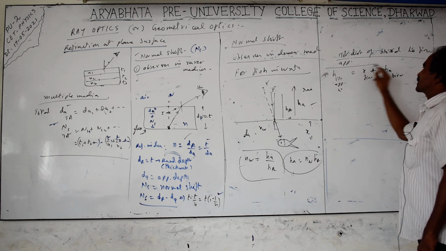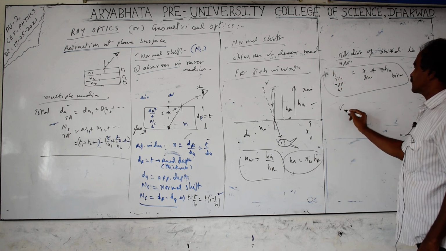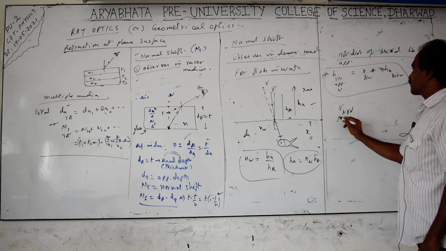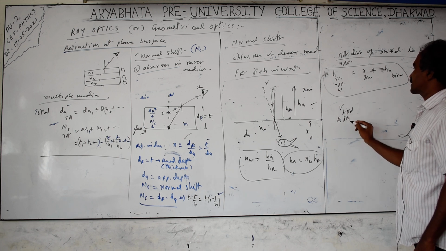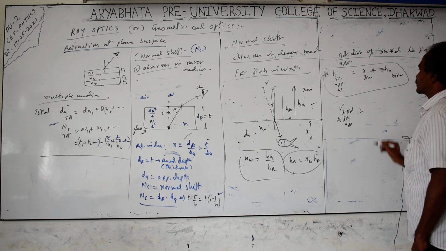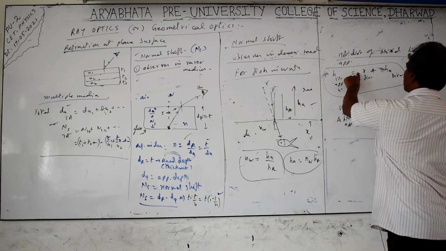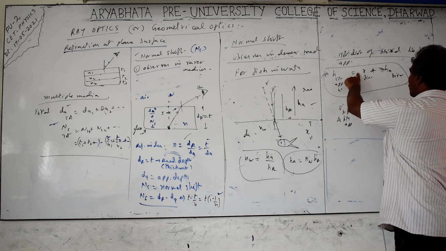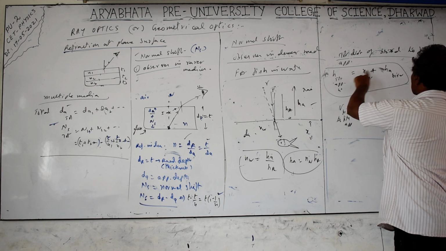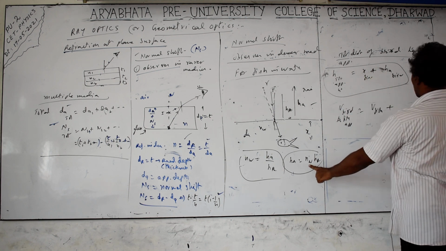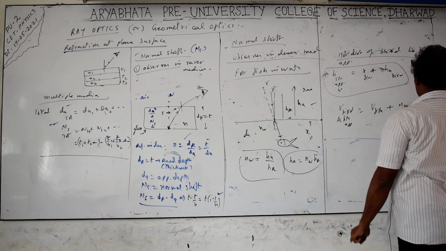They ask you the velocity, so velocity equals distance by time. The velocity of the bird relative to the fish, as the fish sees it, is the apparent value, dx by dt plus dh by dt. dx by dt is the velocity of the fish, plus HA, and HA is nothing but n water into HR.